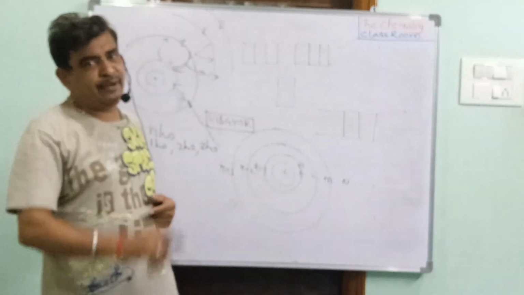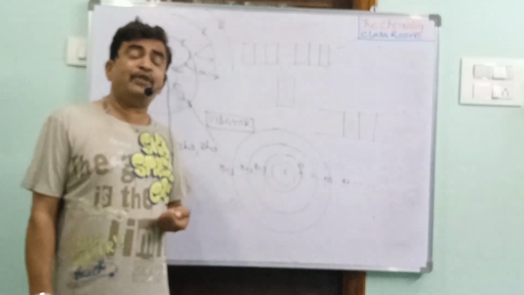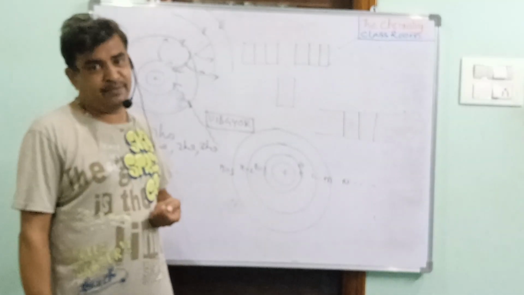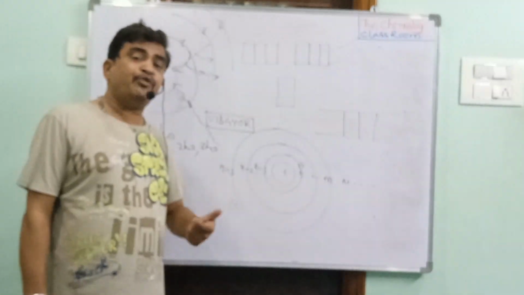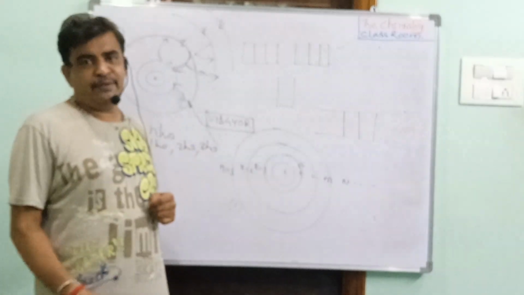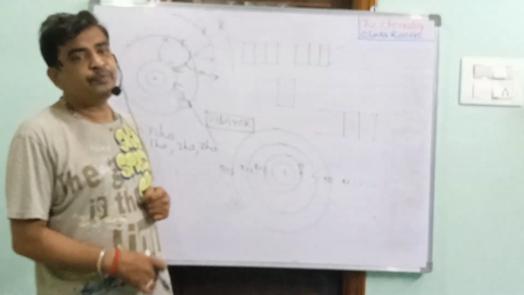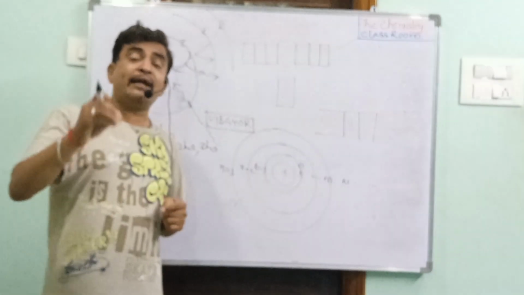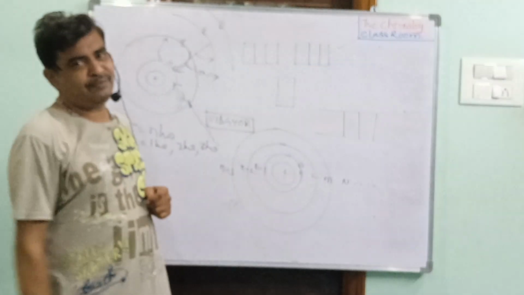We have to identify the exact position of the electron. To identify that location, we need some support. Based on the supports, we will get the exact address of the electron.